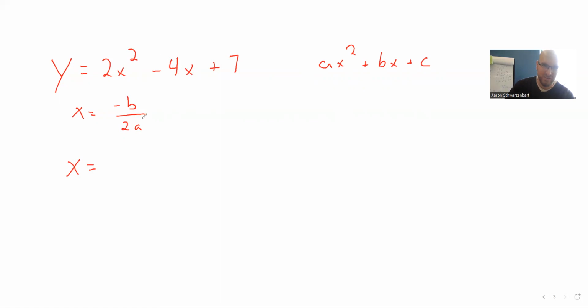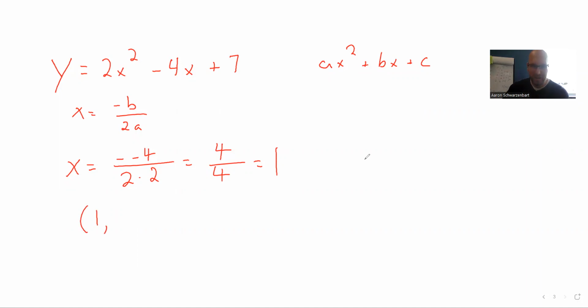B is the negative 4. So that means negative b is 4 over 2 times a. A here is 2. Two negatives make a positive. 4 over, 2 times 2 is 4, not 2, or 1. My x coordinate is 1.